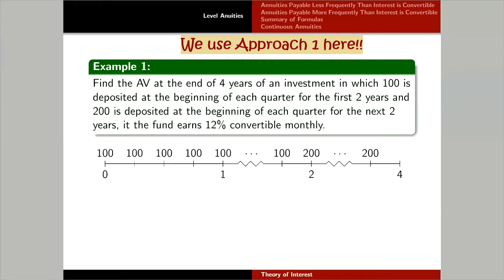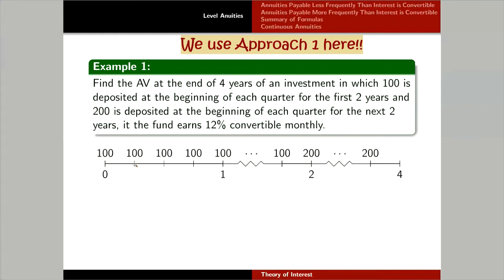Let me show you the timeline. This is the first year, and payments of 100 is made at the beginning of each quarter. So this is the beginning of the first quarter, second quarter, beginning of the second quarter, and so on, for the first 2 years.